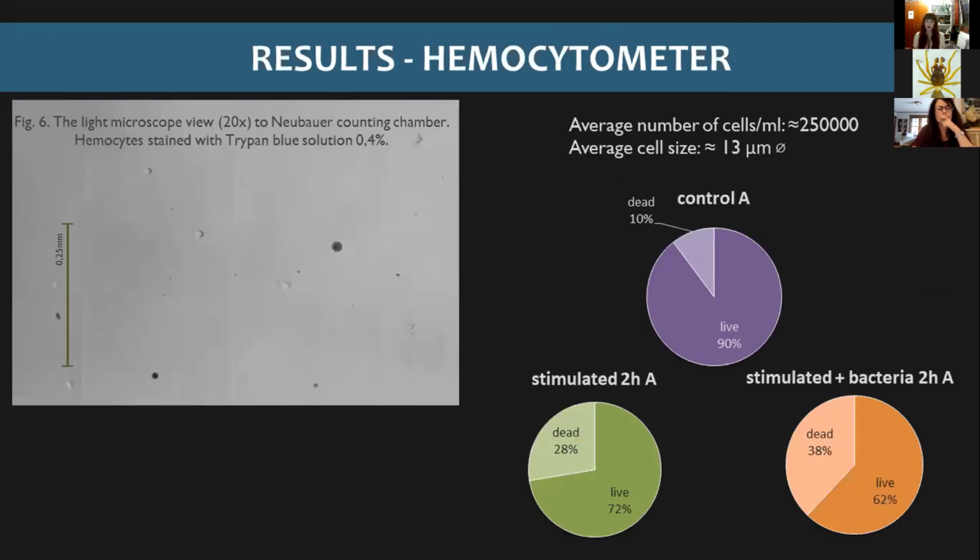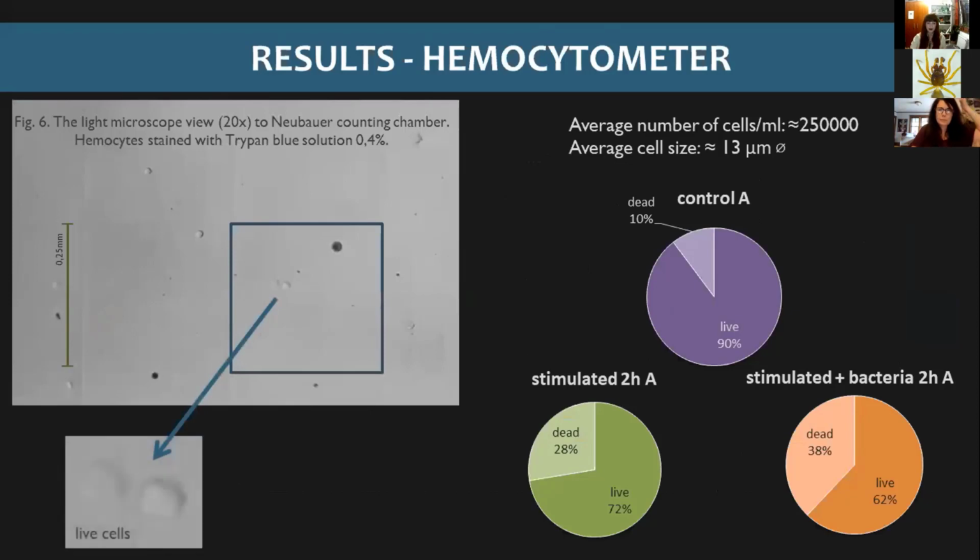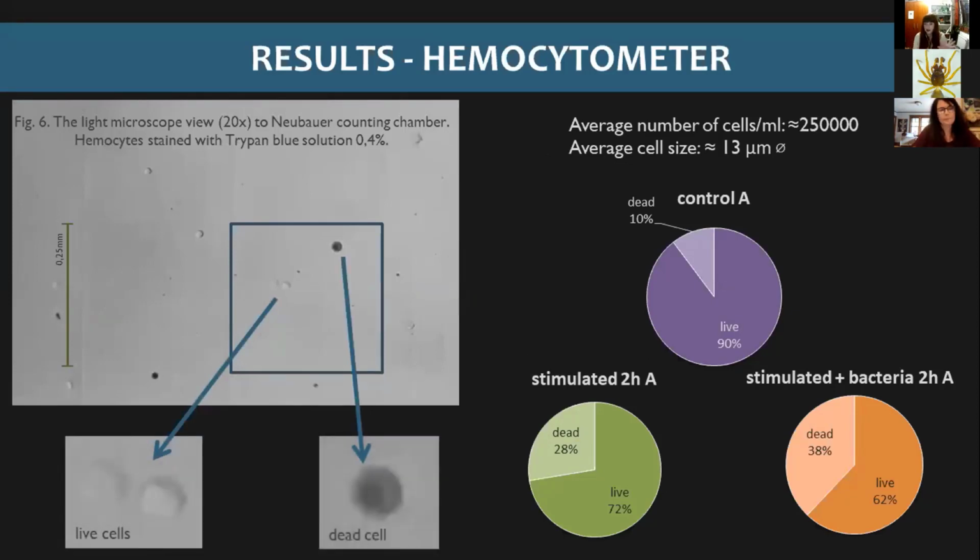Okay, results from the hemocytometer were like that. To check if there were dead cells, I used trypan blue solution. If there were dead cells, they absorbed the stain of trypan blue.